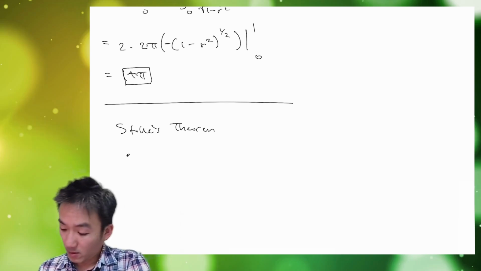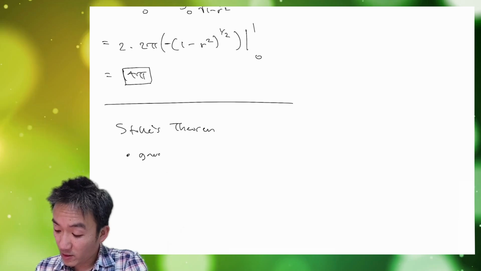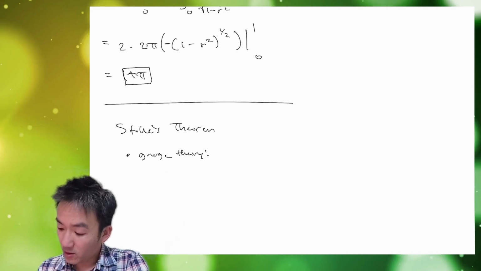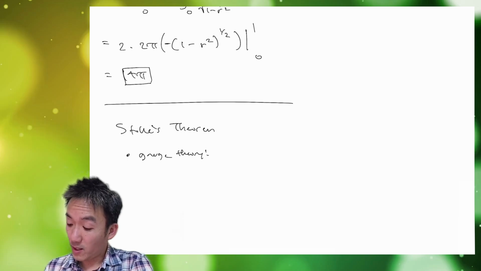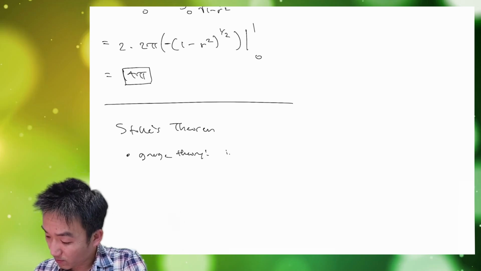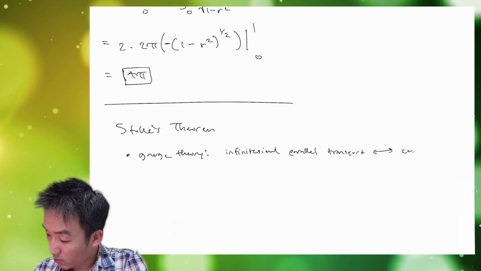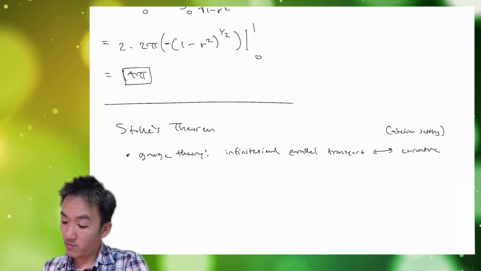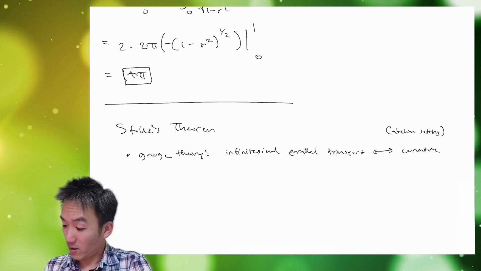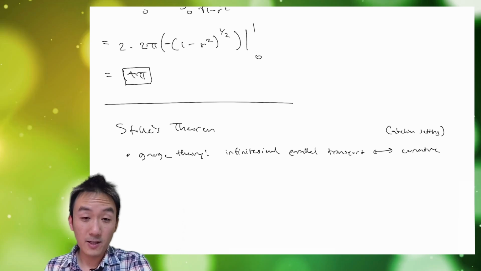Well, from the point of view of gauge theory, Stokes' theorem is what allows us to relate infinitesimal parallel transport with curvature, at least in the so-called abelian setting. So that's how Stokes' theorem can give us insight into gauge theory.